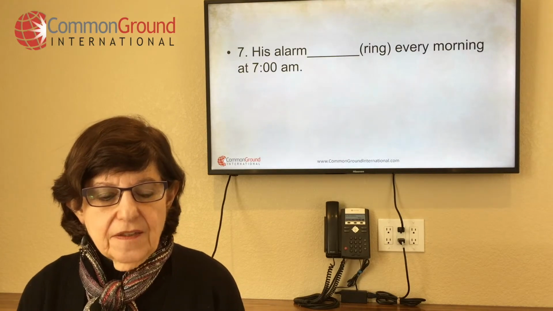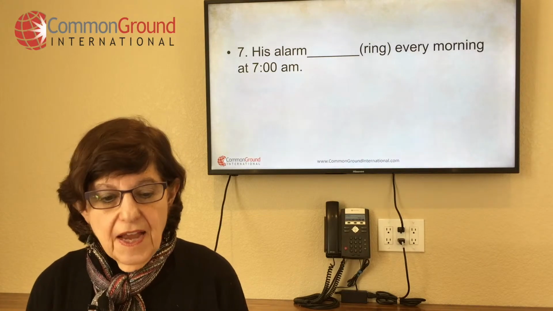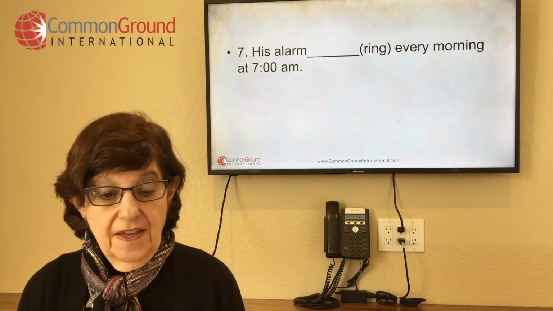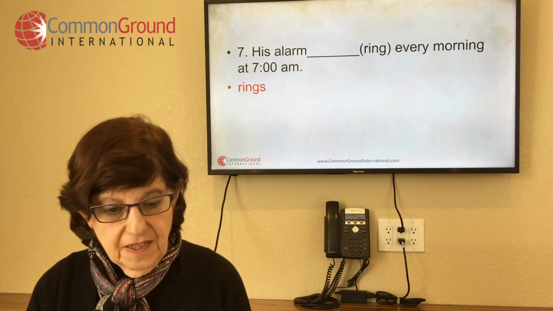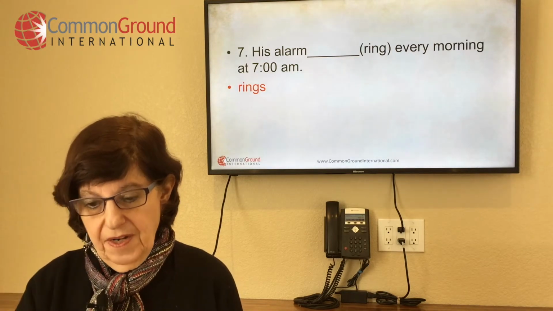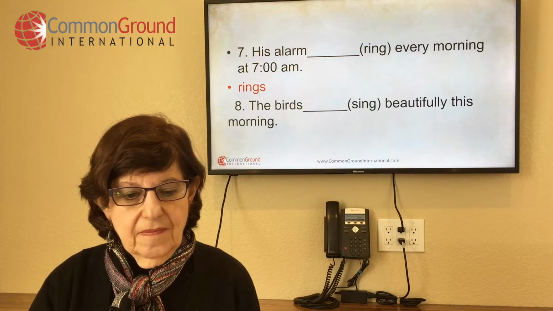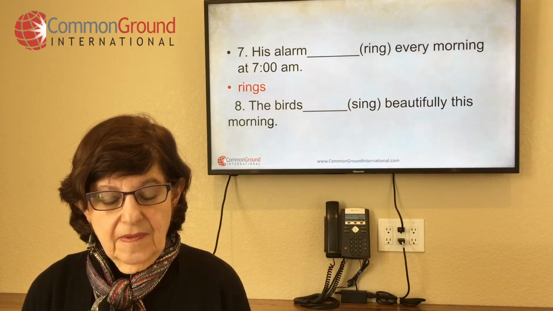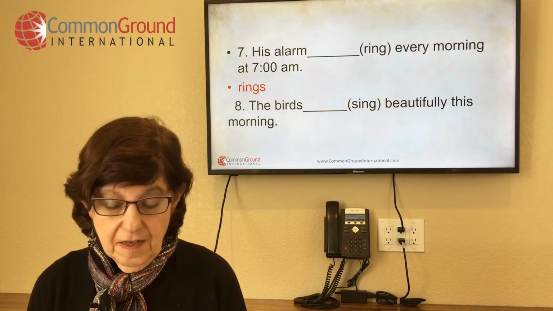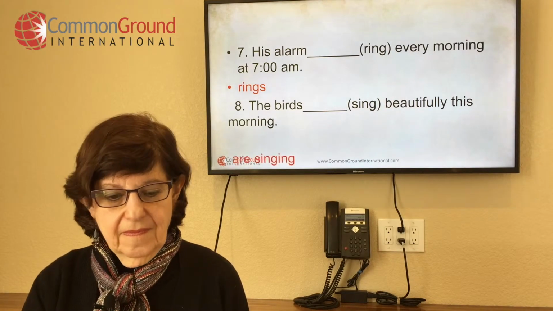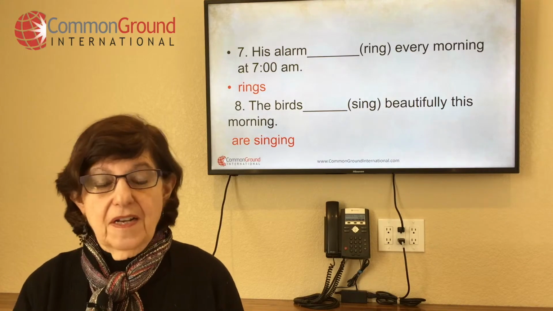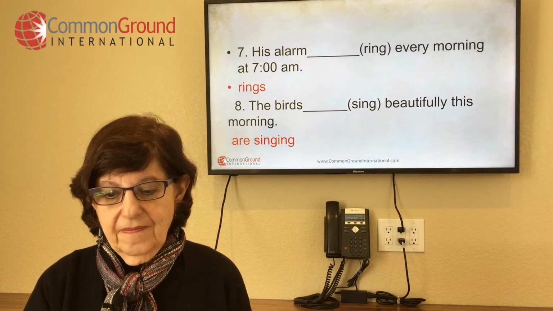Number 7, his alarm, and then ring every morning at 7 a.m. Okay, this is a routine. His alarm rings every morning at 7 a.m. Okay, the birds, and then sing beautifully this morning. Are singing. This is this morning, not every morning, this morning.